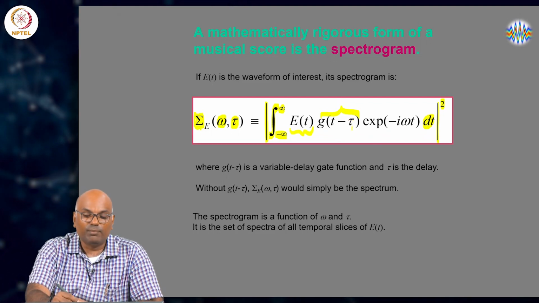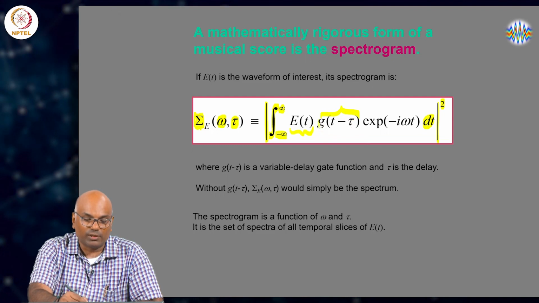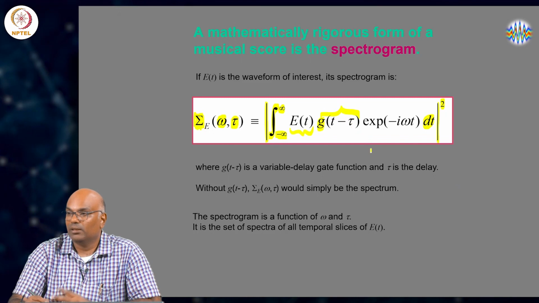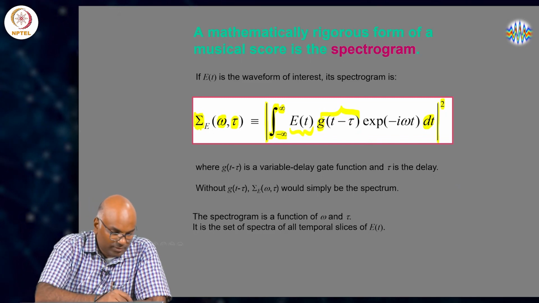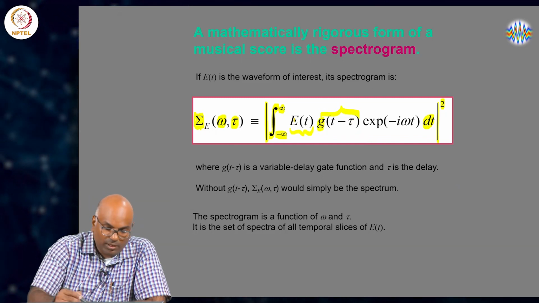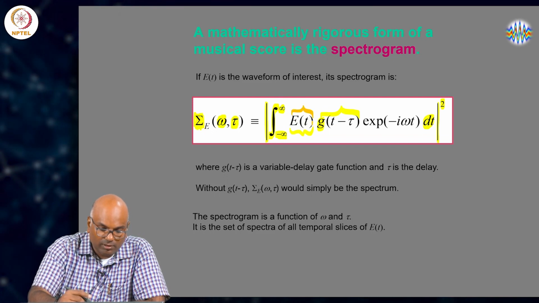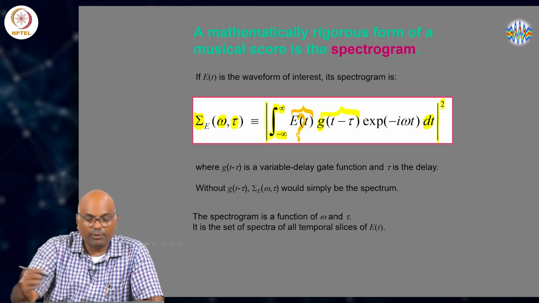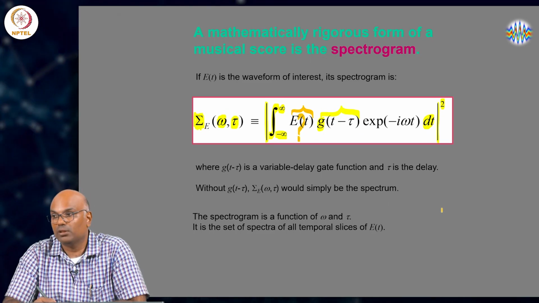Therefore, these measurements will depend upon the choice of the gate function too, but understand that E of t itself, this function, is to be determined. It is not that we know this.